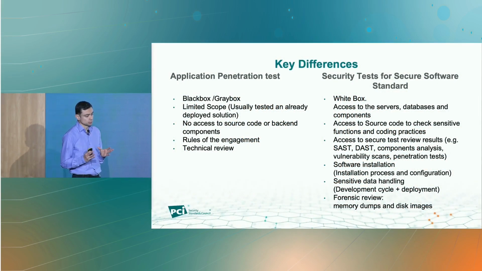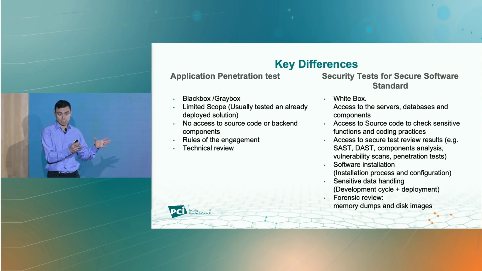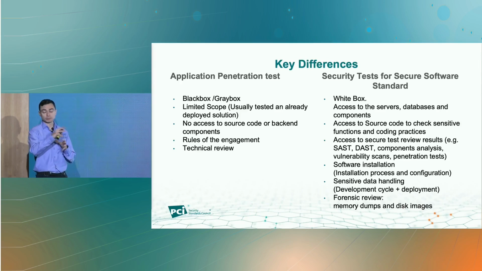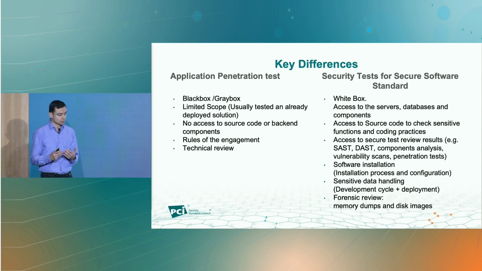During an application penetration test, usually the scope is limited to the application itself. While in a Secure Software Standard test, the application is evaluated along with additional surrounding components, including the backend system and, for example, cloud components that may be required for the operation of the application.